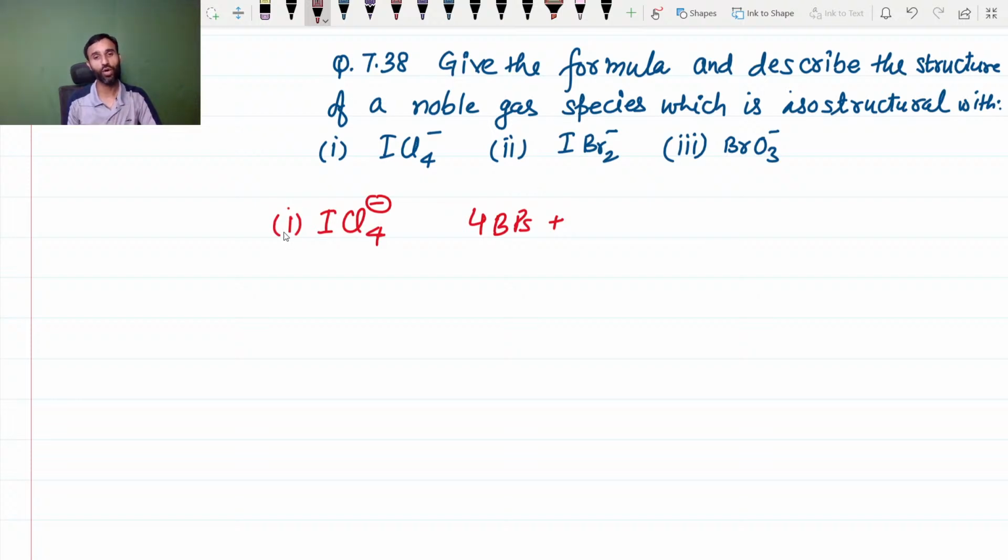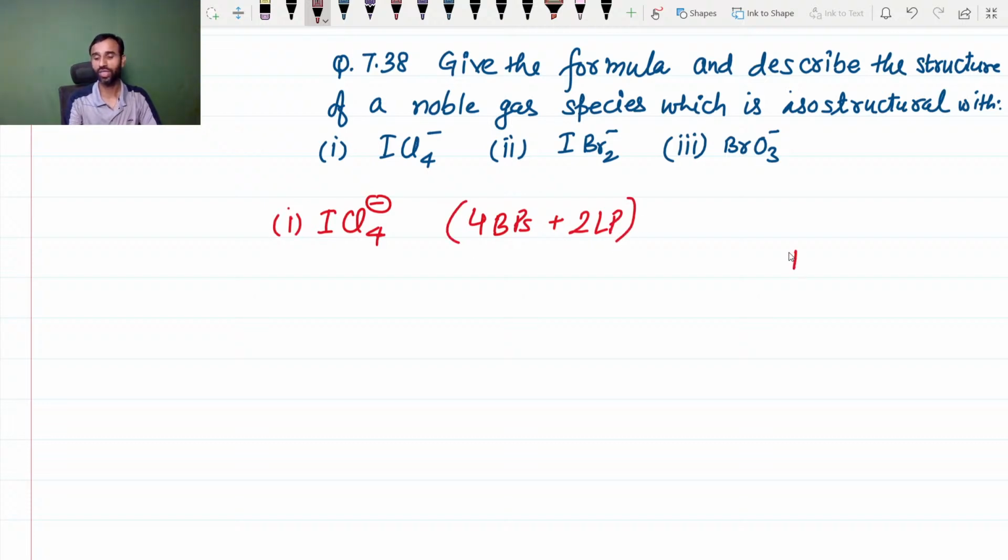So there are 4 bond pairs, and how many lone pairs? Iodine has 7 valence electrons, and 1 electron is gained from the negative charge. So 8 valence electrons, out of 8, 4 are shared. So 4 are unshared, which means there are 2 lone pairs. So 4 bond pairs and 2 lone pairs.